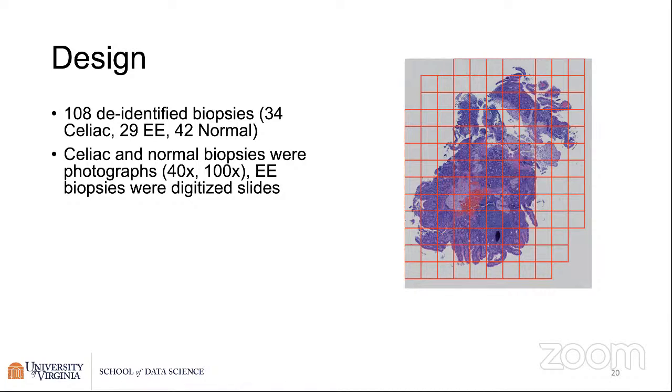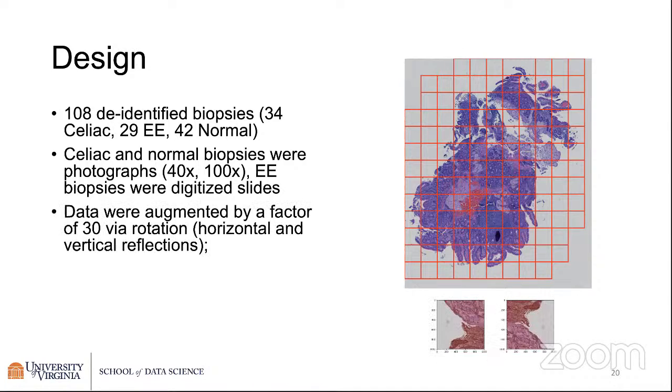You can see celiac and normal biopsies were photographs, EE biopsies were digitized slides. Data were augmented by a factor of 30 via rotation, horizontal and vertical, and I show that in the bottom there. So you can see we can rotate these things in order to increase the number of data elements that we have to work with in our models.